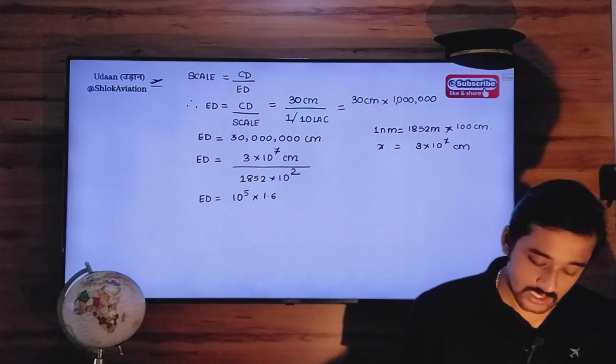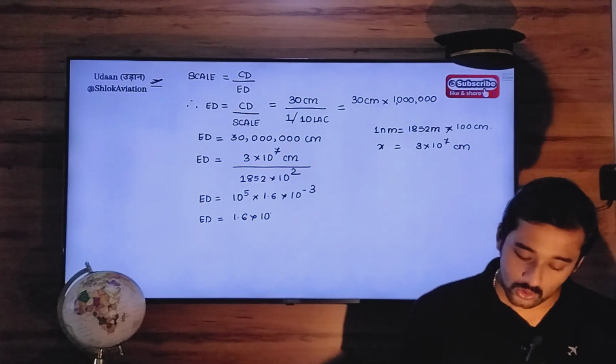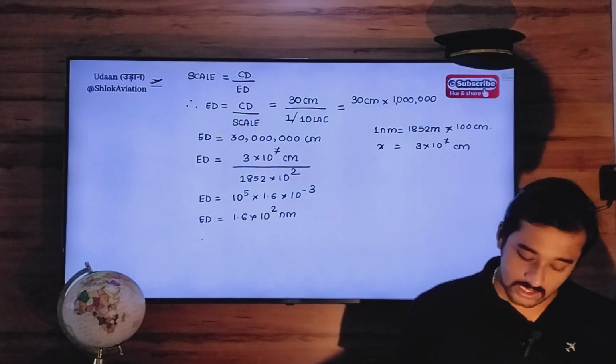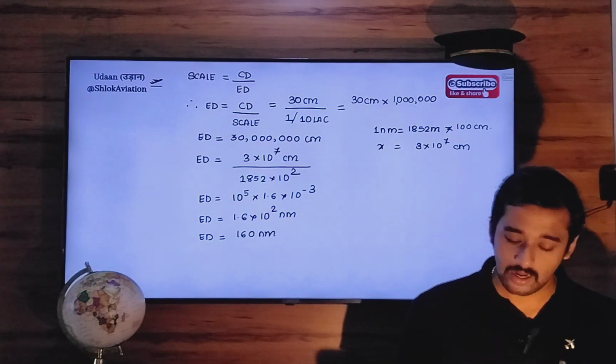So earth distance is 1.6 into 10 raised to 2, which is 160 nautical miles.